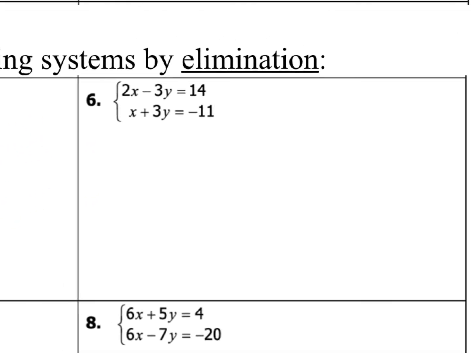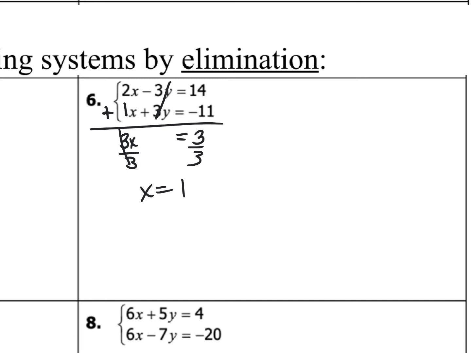Number 6. In number 6, the y's have the same coefficient, but they have opposite signs. So I can add the two equations. The y's eliminate. 2 plus 1 is 3x. And 14 plus negative 11 is 3. Divide by 3, x equals 1.